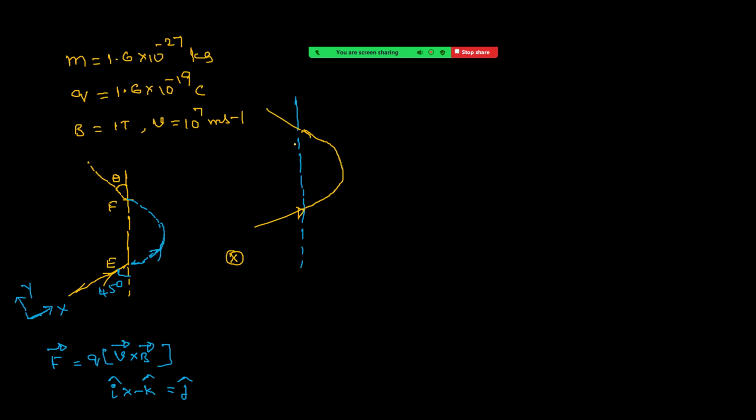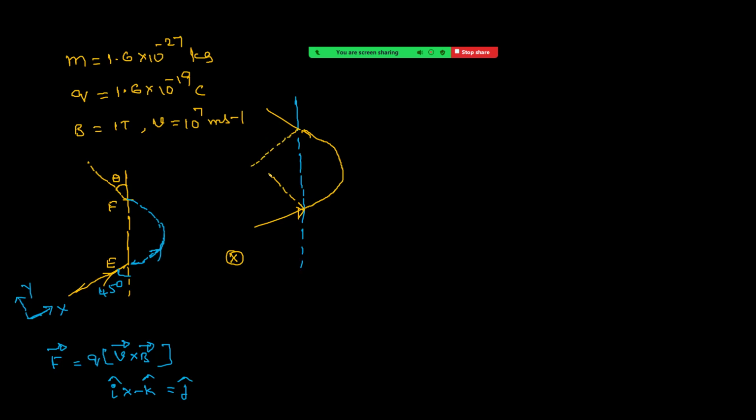Right, now see the geometry carefully. Field inwards. Let me draw here a normal to this velocity vector, and here also take a normal to the velocity vector.